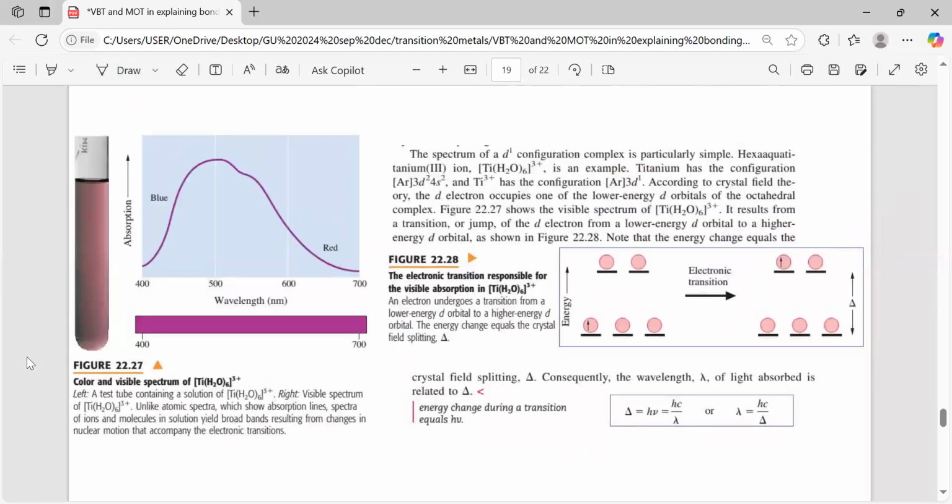So for example, this compound here, it absorbs in this range. That is its maximum absorbance.